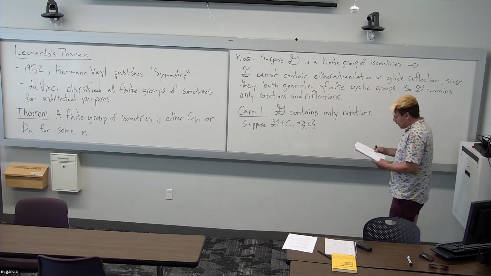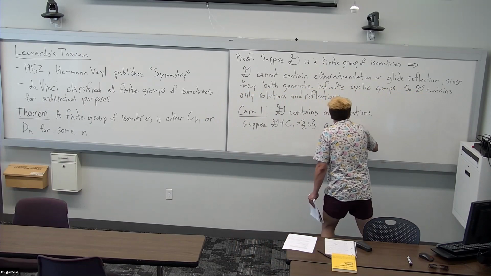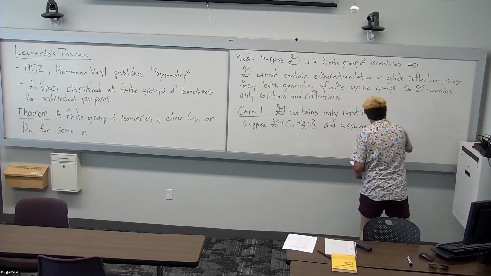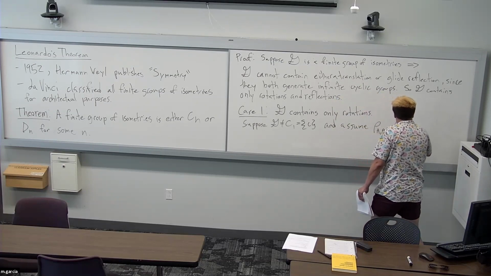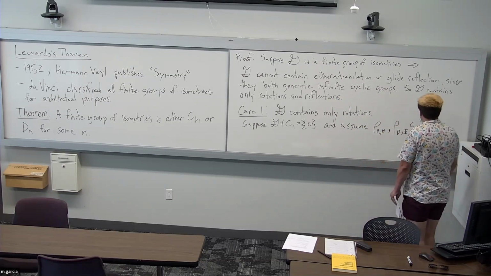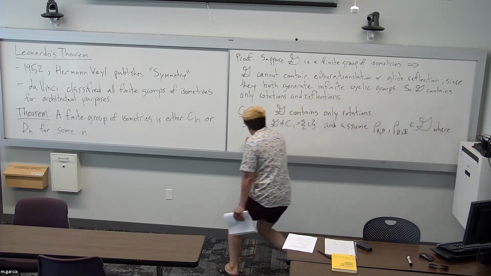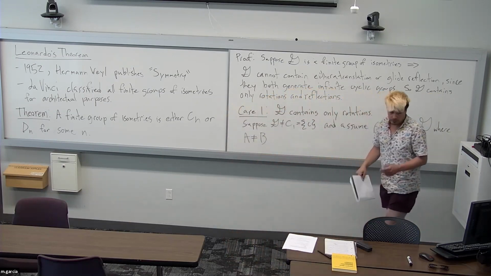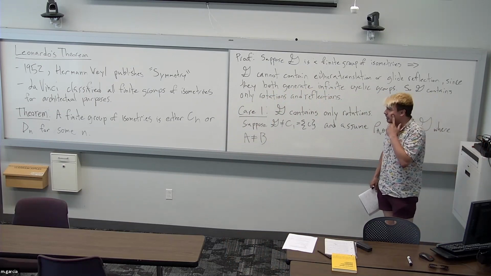Okay, so then let's assume that rho sub A comma theta and rho sub B comma phi are both in our finite group G, where we're assuming that A is not equal to B. So we're assuming that G contains two rotations about different centers.